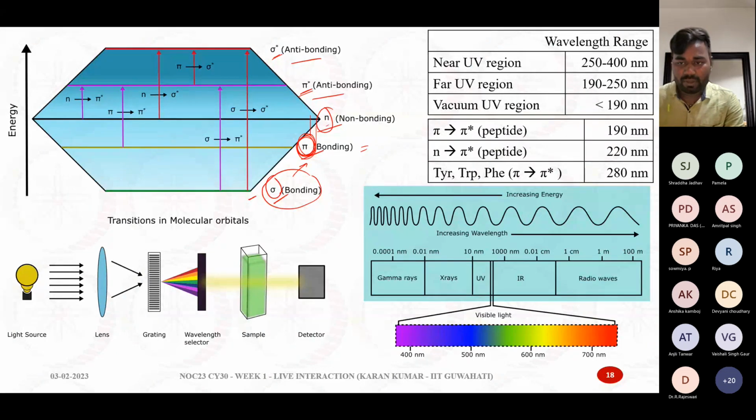Absorption occurs when a structure has electron delocalization. Phenylalanine and tryptophan both have a benzene ring and have electron delocalization. These electrons can participate in resonance.